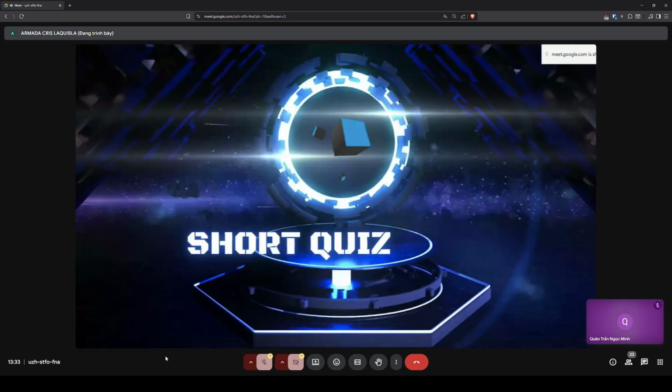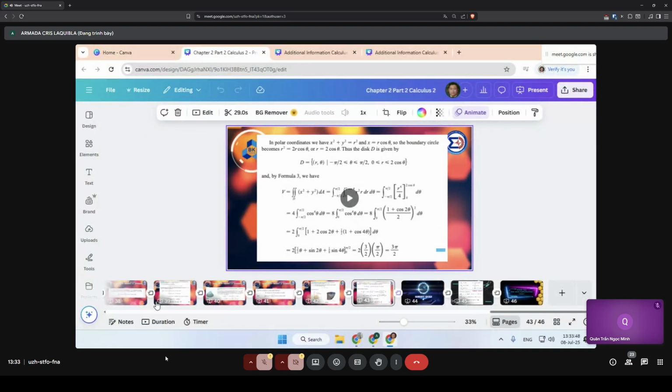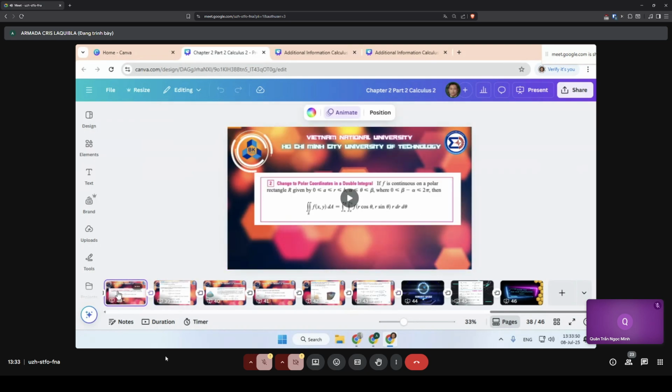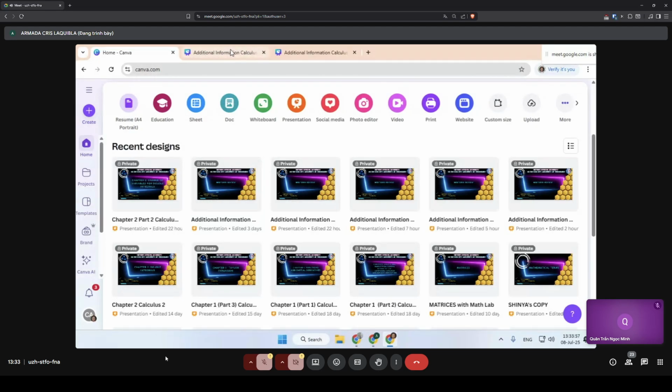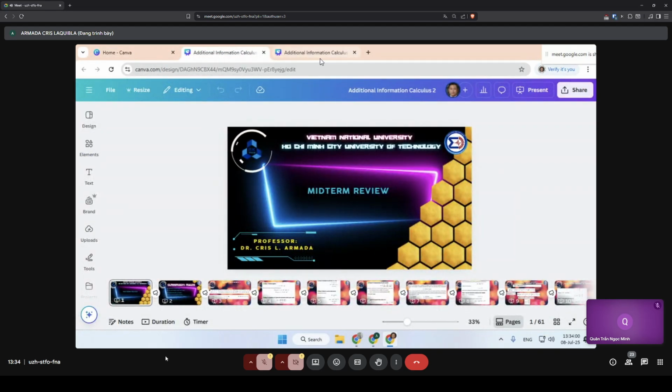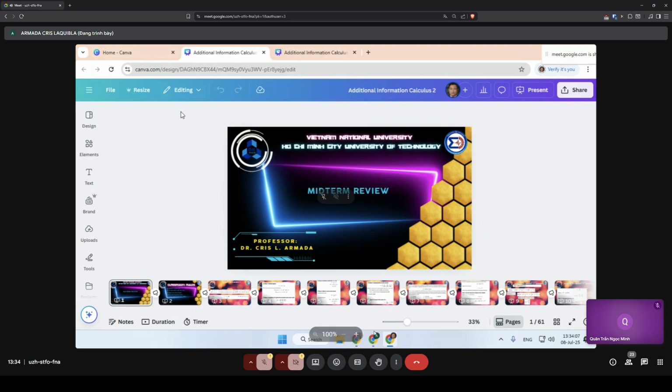Okay, we're done with the questions with polar. What is this? Double integrals in polar coordinates. It's there in your chapter 2, part 2. And in our midterm review, we are done with part 1 already. Are we done with part 1? I guess so. The one that's here in my record is we are now solving review number 8, part 2.